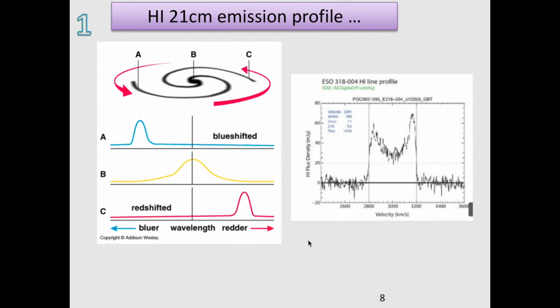In addition to the rotation, the inclination of the galaxy can change the broadening of the 21 centimeter emission line. If a galaxy is totally face on, the observer doesn't see any rotation, and the broadening factor is minimal. As the inclination increases, the 21 centimeter line width increases. This means that in addition to the radio observations, we need to measure the inclination of galaxies.